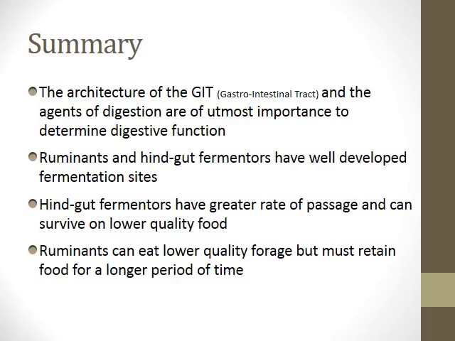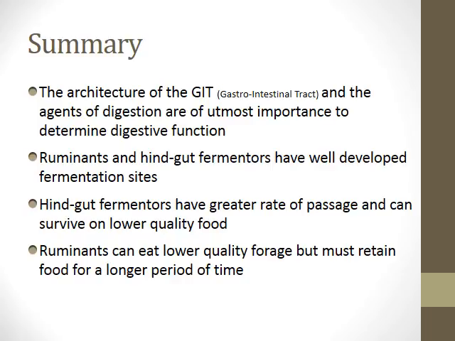So ultimately, in summary, the architecture of the GIT and the agents of digestion are of utmost importance to determine digestive function. Next, the ruminants and hindgut fermenters have well-developed fermentation sites which allow them to digest cellulose. It's actually those microorganisms that the animals have a symbiotic relationship with that can help them break down and utilize that source for food.